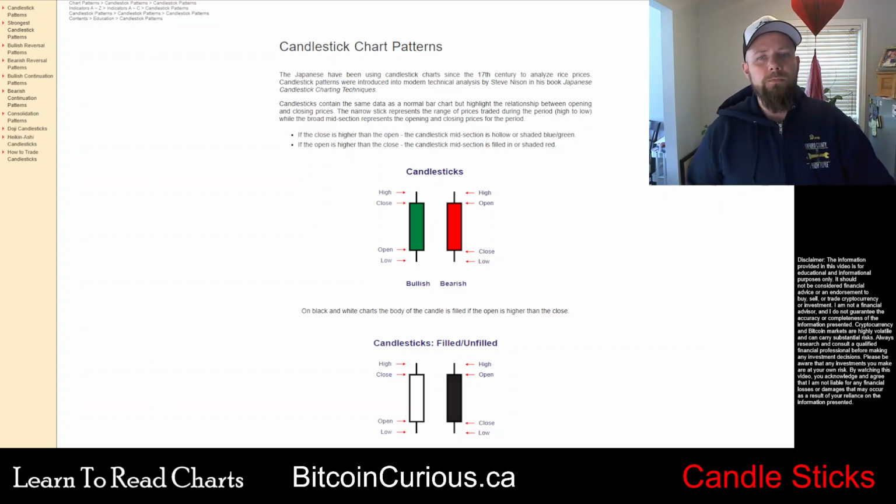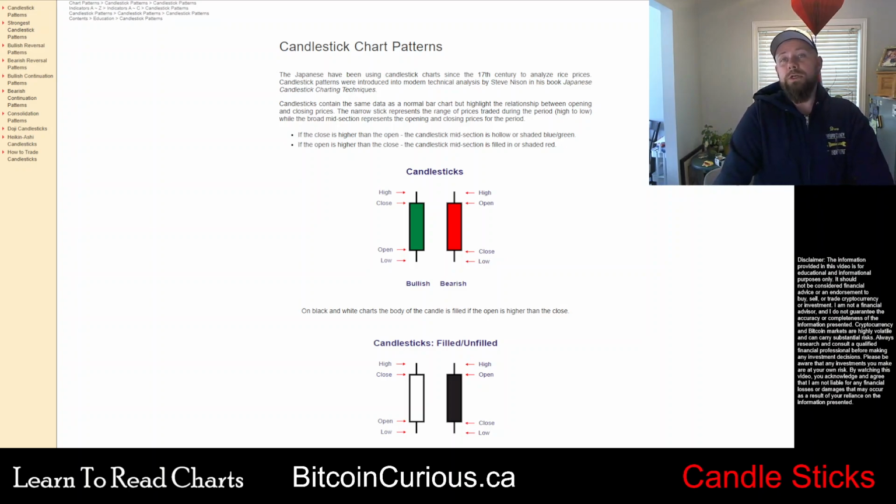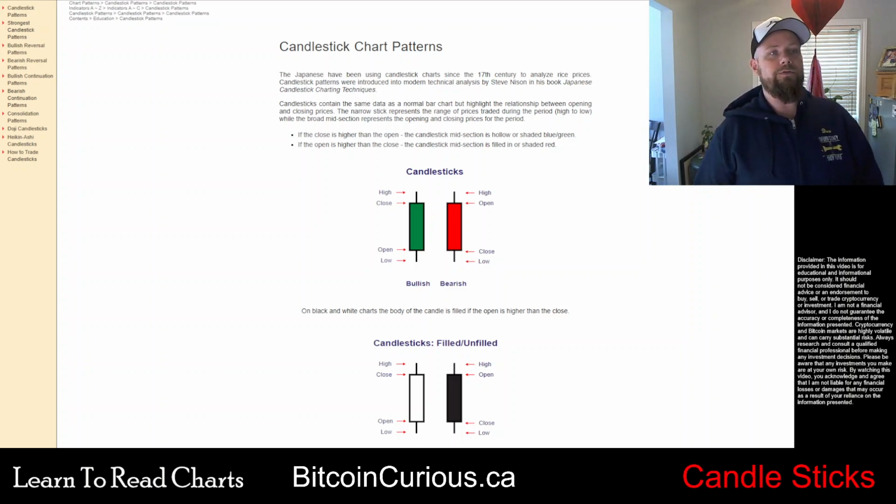The narrow stick represents the range of prices traded during that period, while the broad midsection represents the opening and closing prices for that period. These candlesticks can be weekly, monthly, by the minute, yearly, it doesn't matter. Candlesticks are candlesticks.